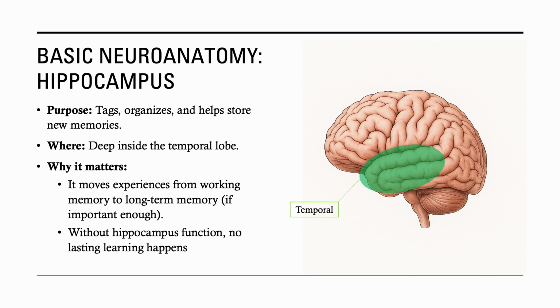The character basically can't encode daily experiences into long term memory. So when she goes to sleep every night, that day is like wiped away. And theoretically, it's because the hippocampus never successfully filed that day's experience into long term storage across the cortex. So that's kind of how I see it.